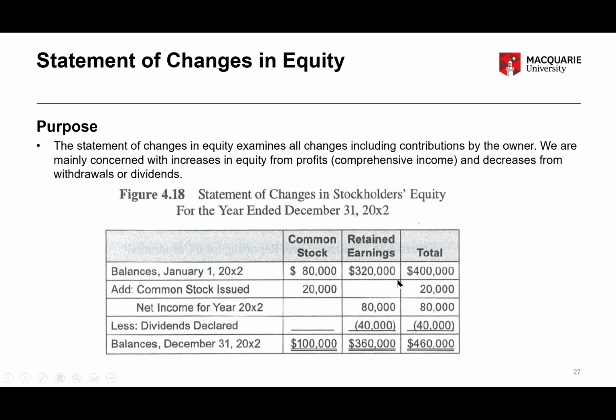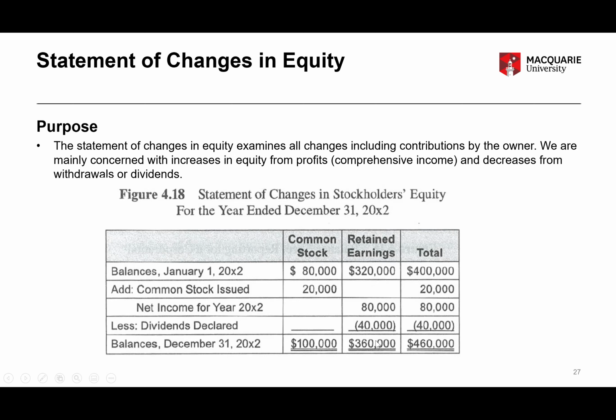Retained earnings, here's the balance at the beginning. How does that change? Well, remember, this is accumulated profits. So we find the profit from the income statement, we'll add that, and some of it might have been paid out as dividends. So we subtract that, and that gives us our new balance for retained earnings.